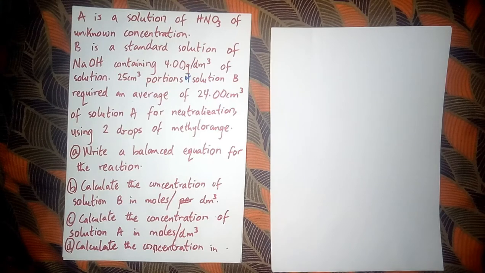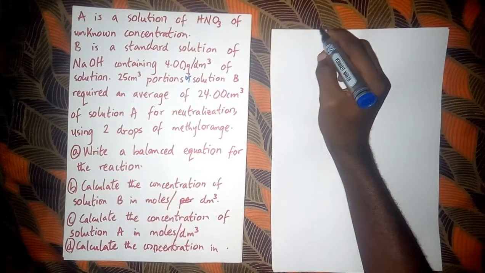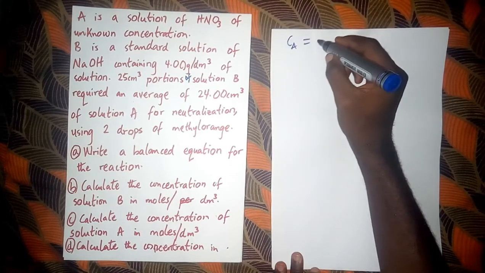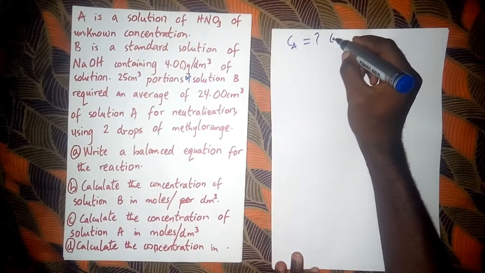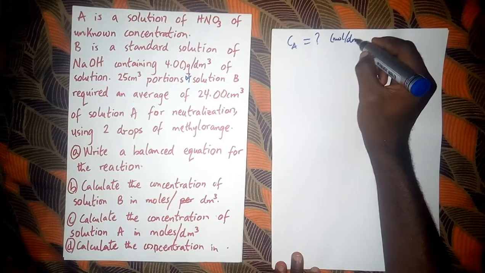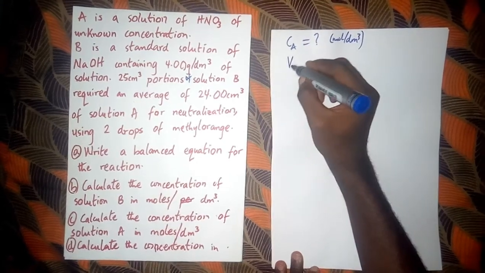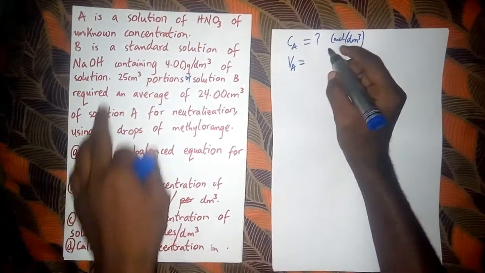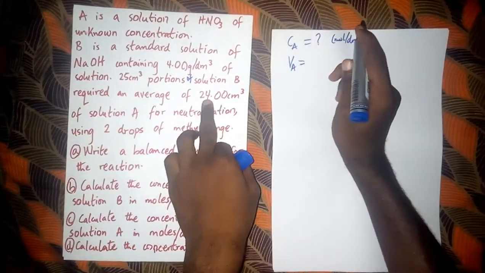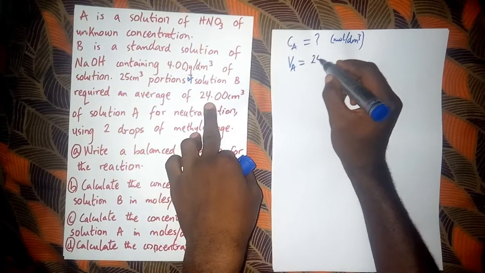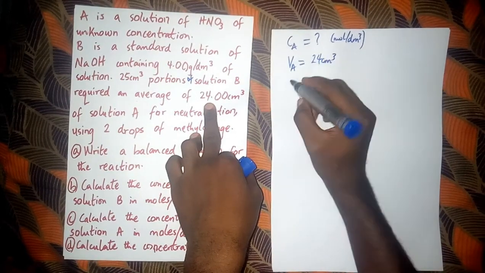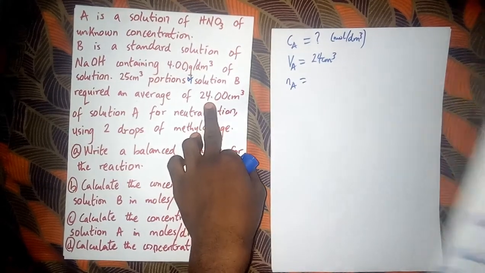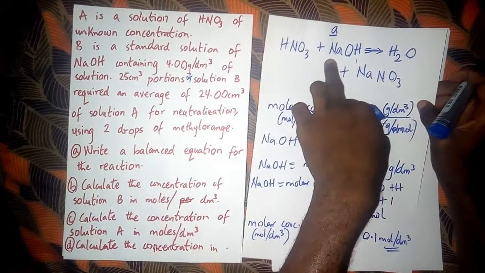Now calculate the concentration of solution A in moles per dm cube. The concentration of A is unknown, but we know our volume of A to be 24 cm cube, and the number of moles for A from our equation to be 1.